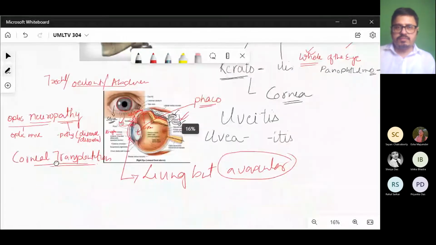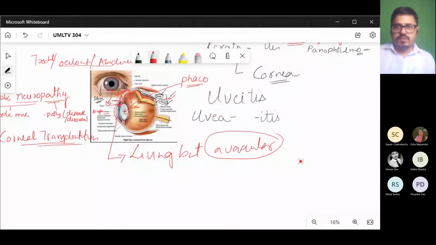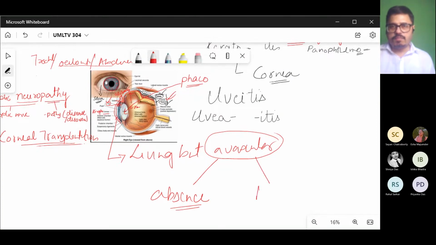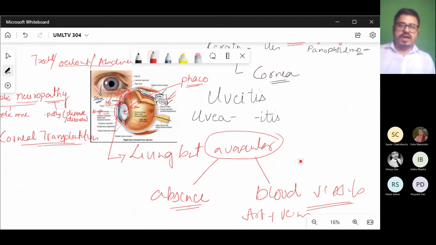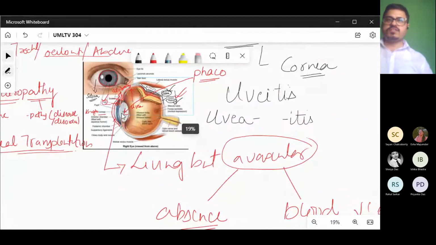This again is a medical term, where a means absence. This should be old knowledge, absence. And vascular means blood vessels. So what do blood vessels include? They include the arteries and the veins. So the arteries and the veins are missing in the cornea, even though the cornea is a living structure.